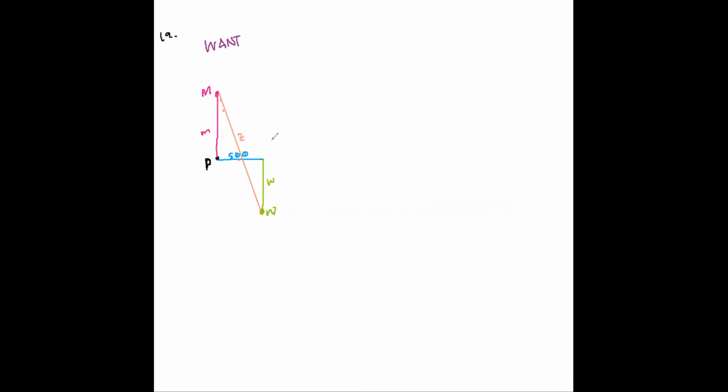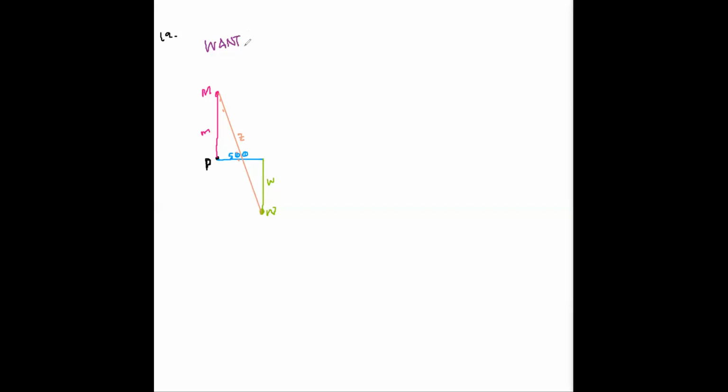So, what are we given, and what do we want? We're given a lot. We have a lot of information to parse through. What is it that we want from the end of this?